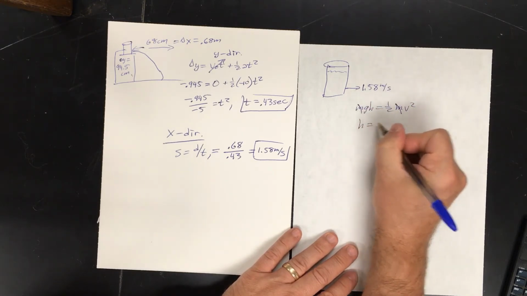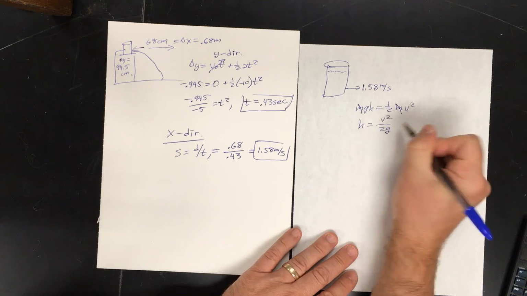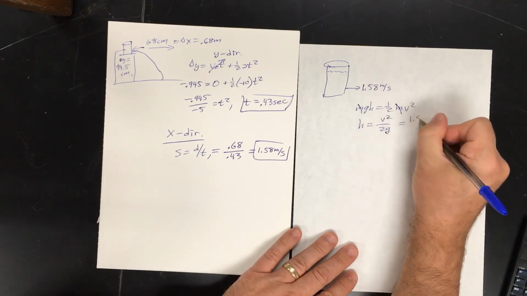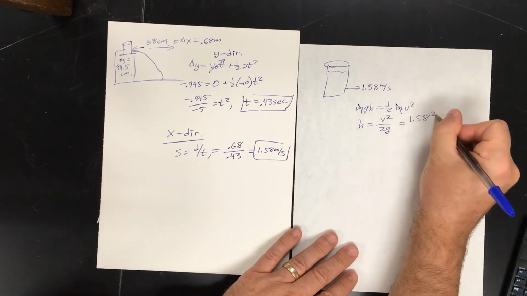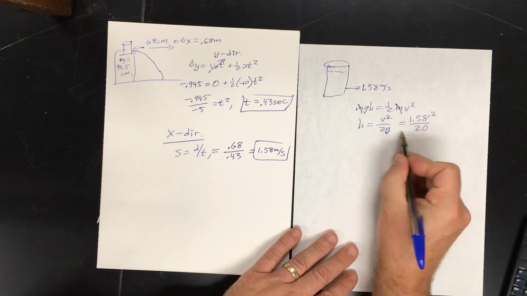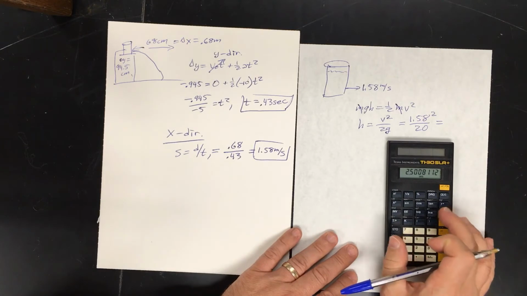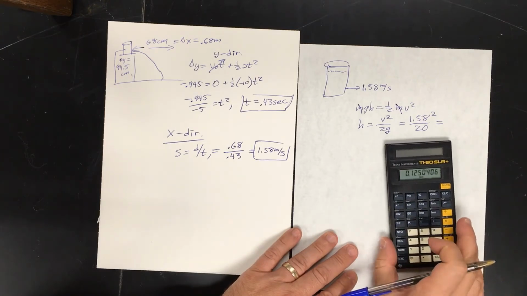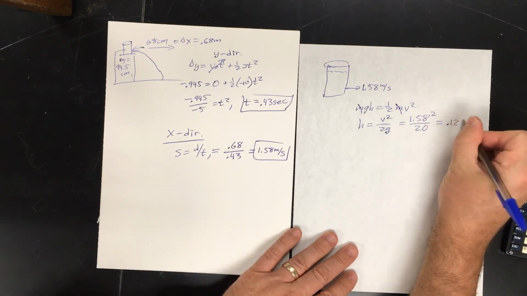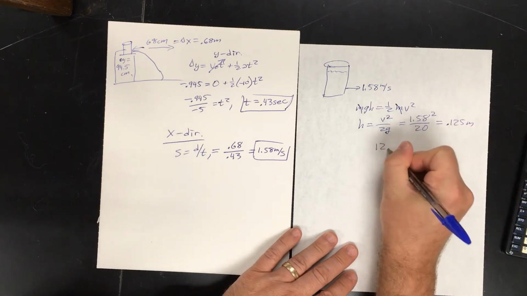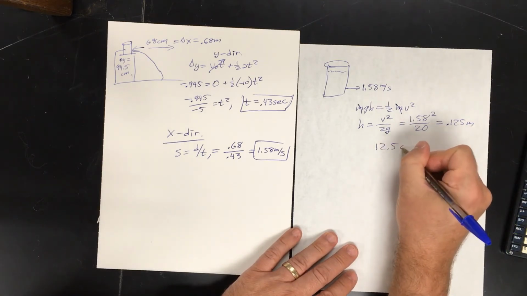And h would equal v squared over 2g, or 1.58 squared divided by 20, which would give me a height of, we'll square that, divided by 20 equals 12.125 meters, or 12.5 centimeters.